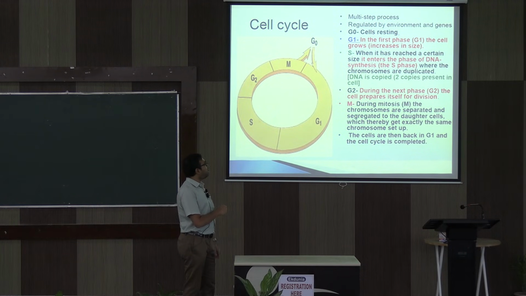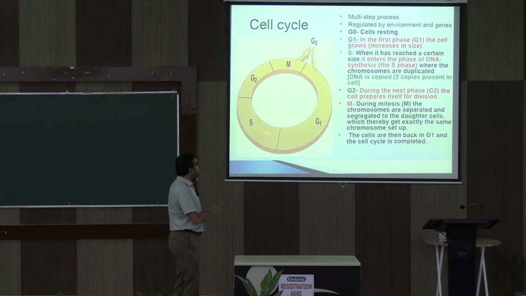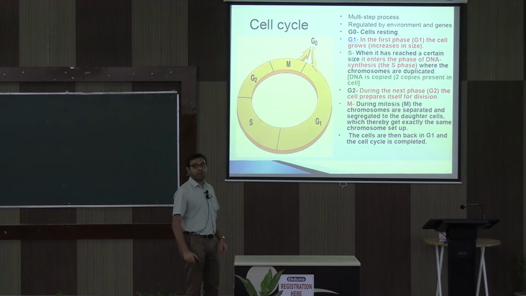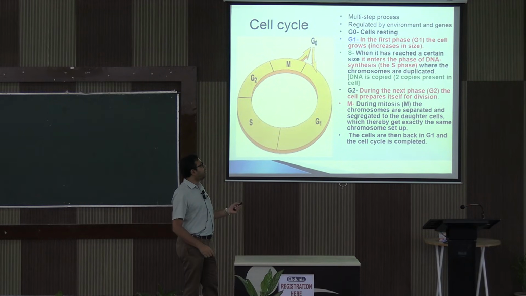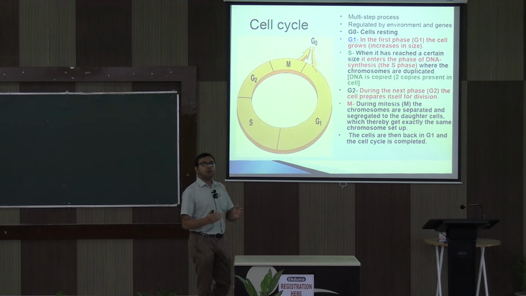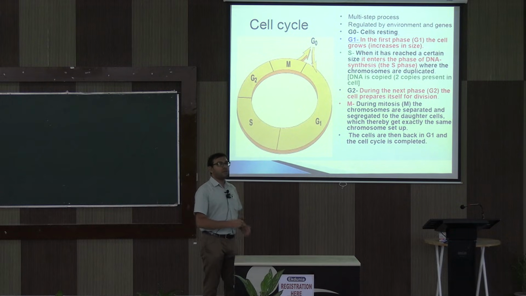G1 is the first phase of the cell cycle, where the growth of cells happens, that is, an increase in the size of the cells. Then it enters the synthetic phase, S phase, where DNA synthesis happens and the chromosomes are duplicated. Then it goes to the G2 phase, where the cell prepares itself for division.